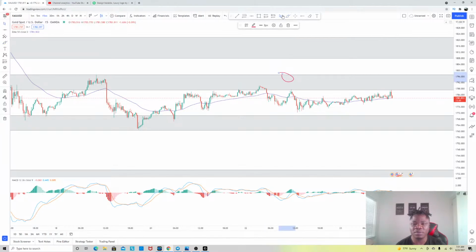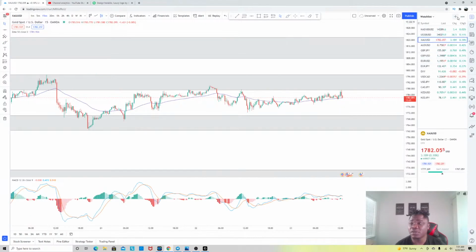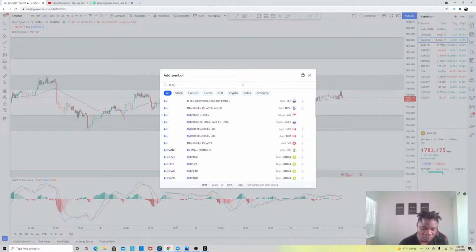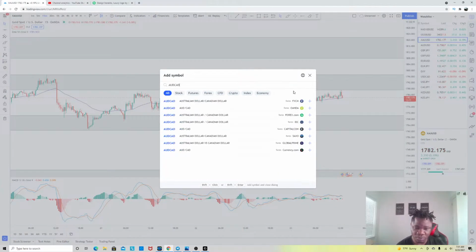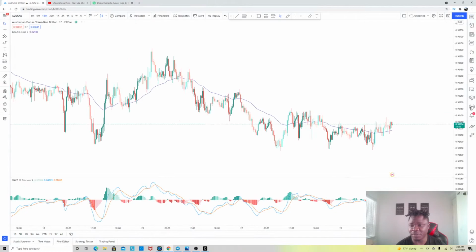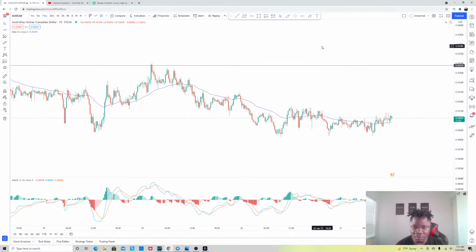Let's see what AUD CAD is looking like. This is definitely one of the pairs I don't trade, because I don't like the way it moves.